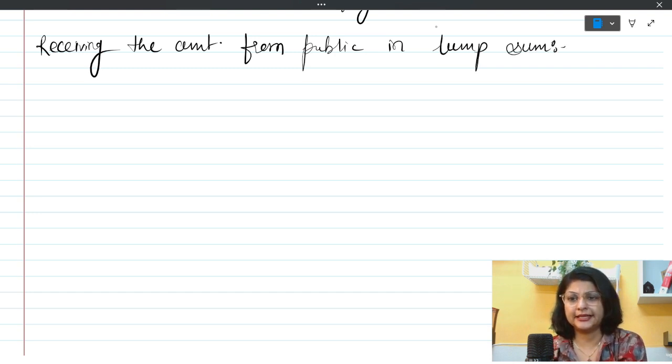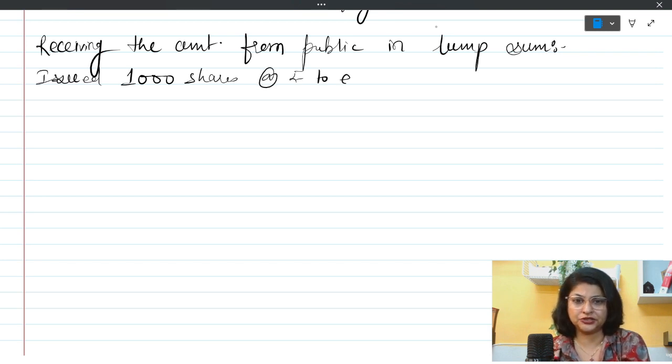So let's say the issued number of shares is 1000 shares at rupees 10 each. So how are we going to pass the journal entry for this?